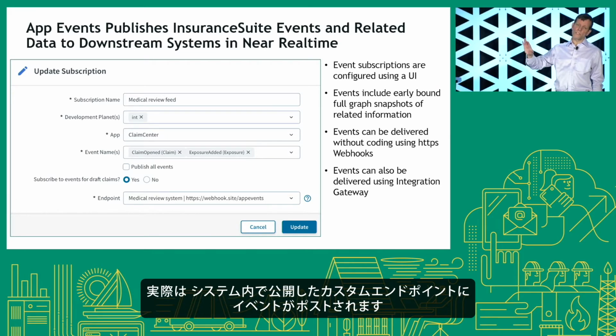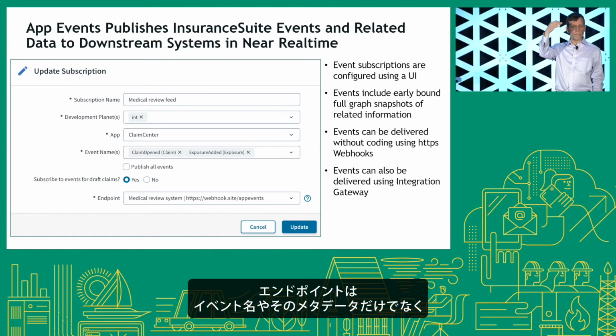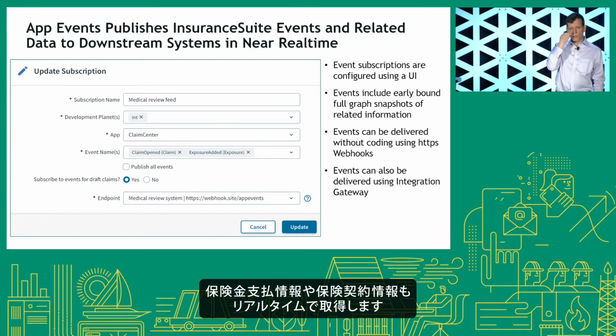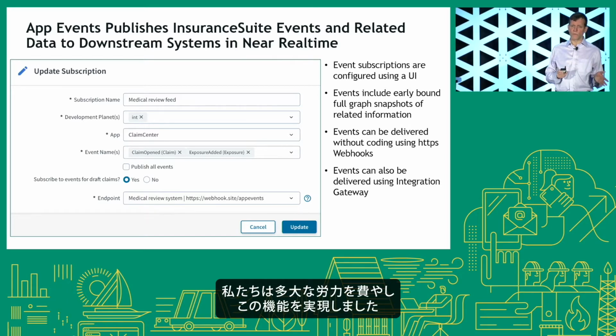Effectively, it posts the event to the custom endpoint that you've exposed in that system. And it's not only going to have the event name and metadata about the event, it's also going to have the claim or policy information as of the time that it occurred. Being able to generate these payloads in an efficient manner is really important, and this was something we really focused on when building this feature.